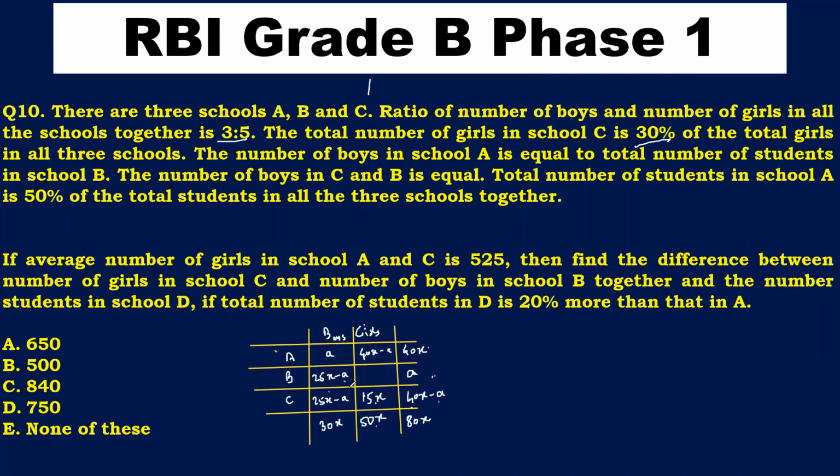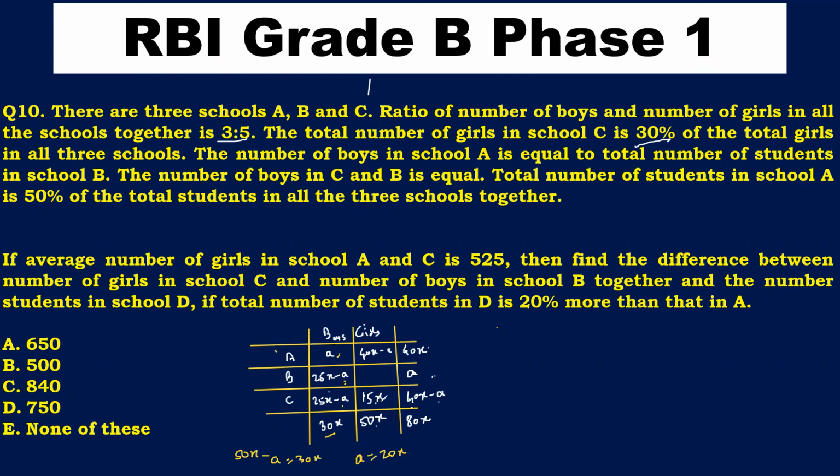Sorry, A first in terms of x. So you know the sum of these three quantities should be 30x. So A plus 25x minus A means 25x plus 25x minus A. That means 50x minus A should be equal to 30x. That gets us A is equal to 20x.